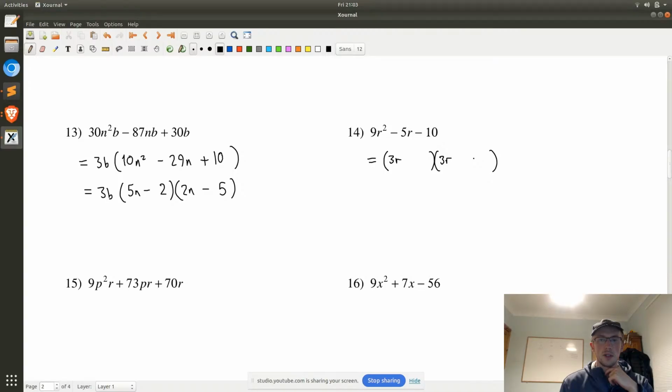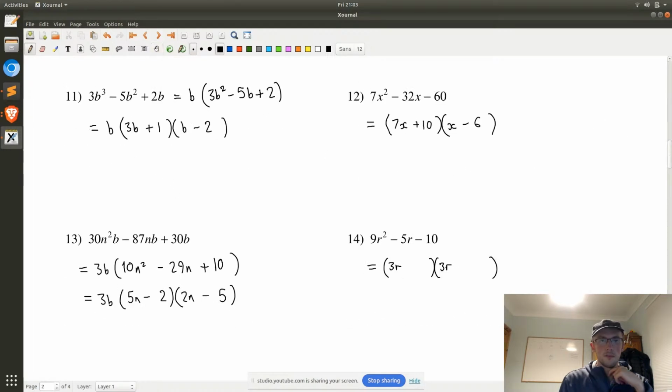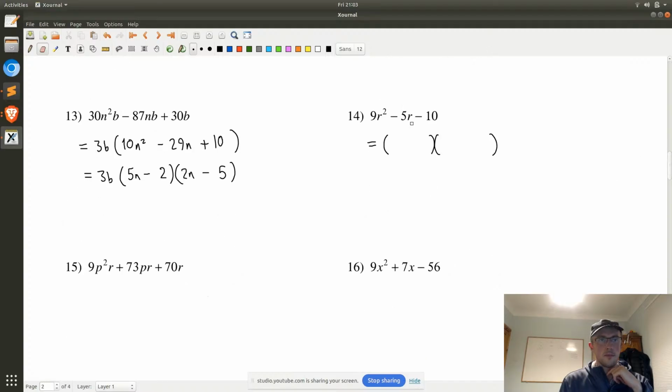And then take 15 add 6, but that doesn't work. Take 30 add 3, doesn't work either. Let's try again. Okay, just try 9. And try 2 and 5.